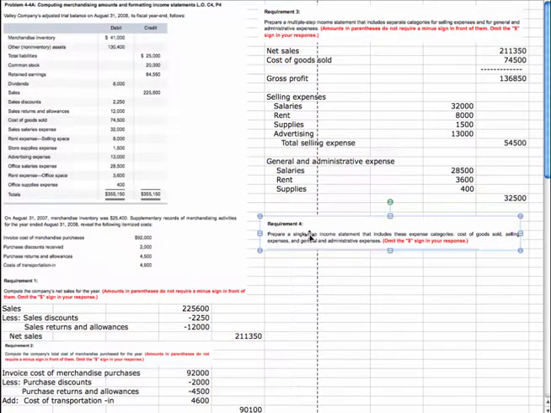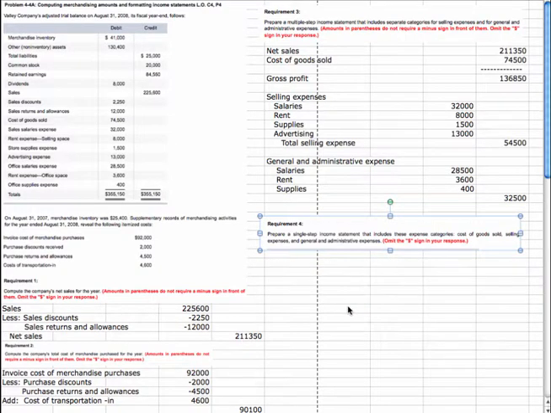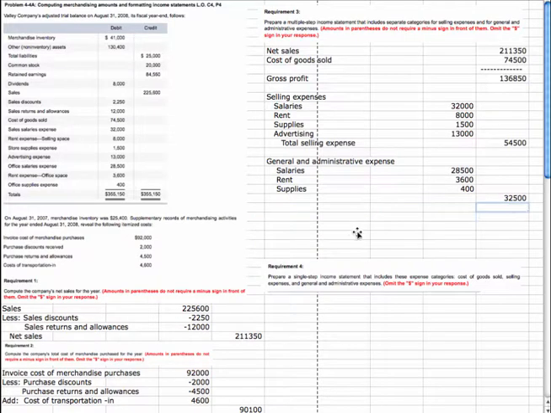Now I need a little more space, so I'm going to move this down a little. Okay, now that's my total G&A.